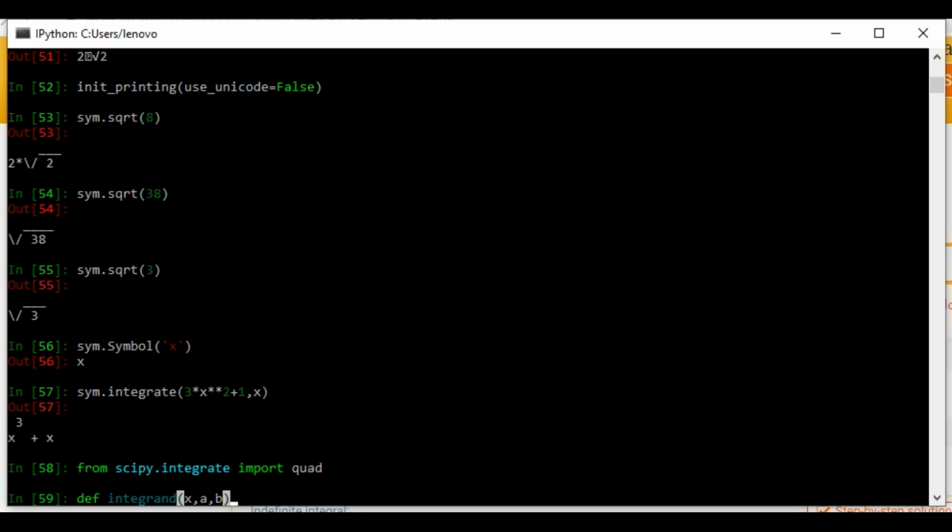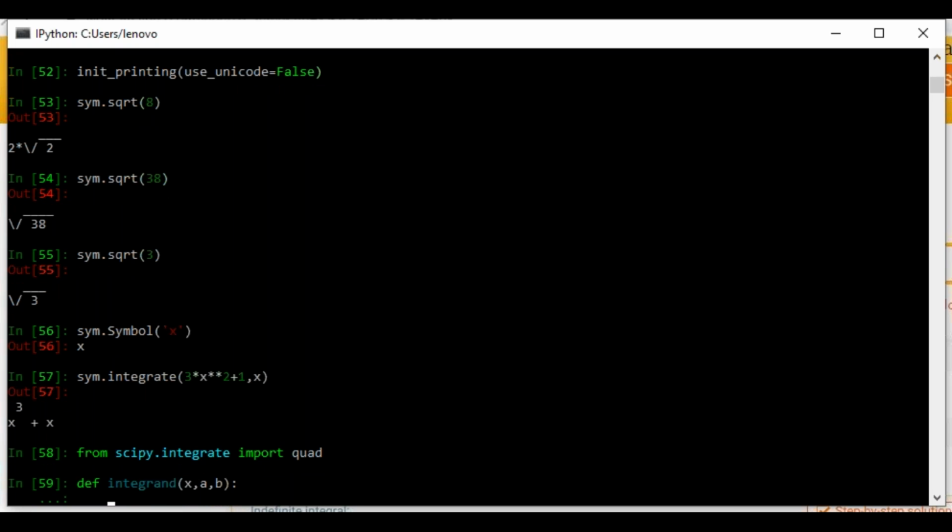Then colon, and we give a return. Our function is a times x square plus b, and that has to be returned.